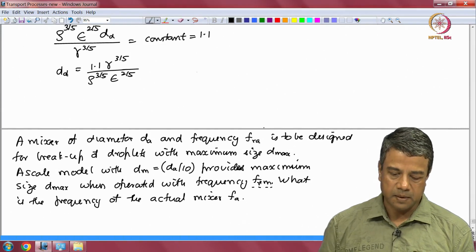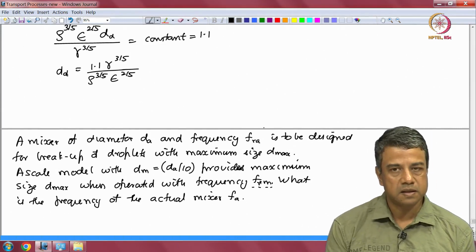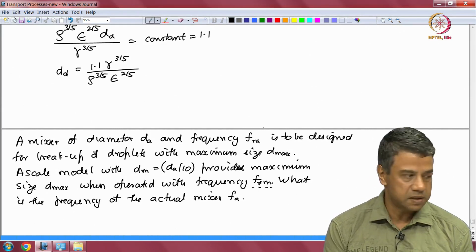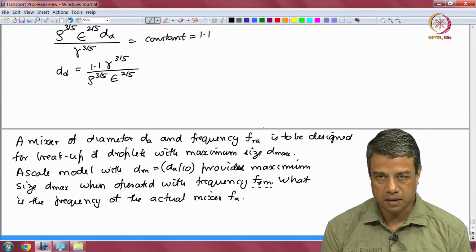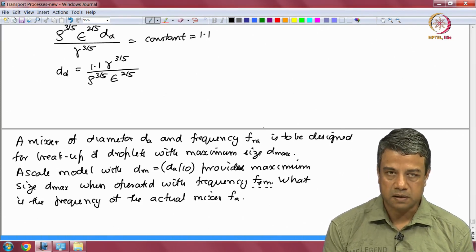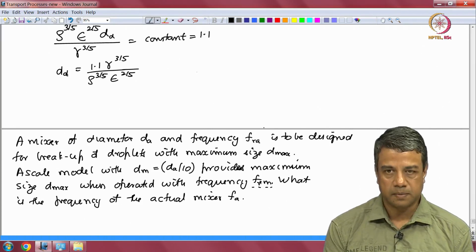So, how do we solve this problem? First thing, the droplet diameter depends on the surface tension, the density, and the energy dissipation rate per unit mass epsilon. Those are the dependent parameters. As long as these three are kept constant, you will get the same droplet diameter.